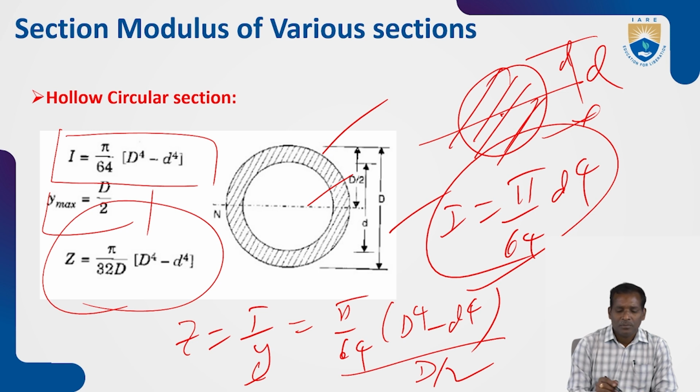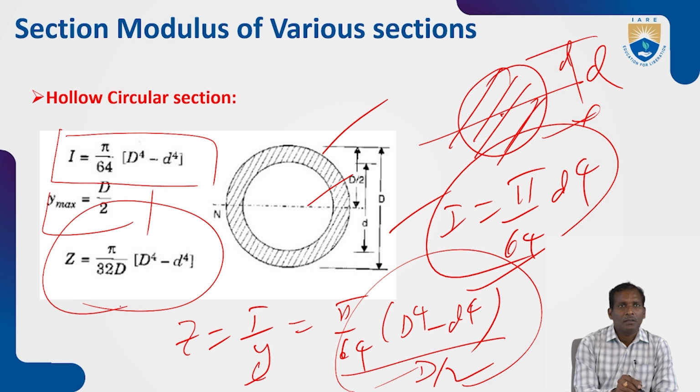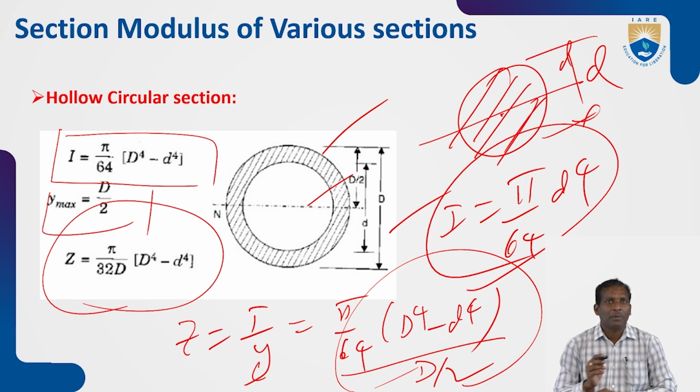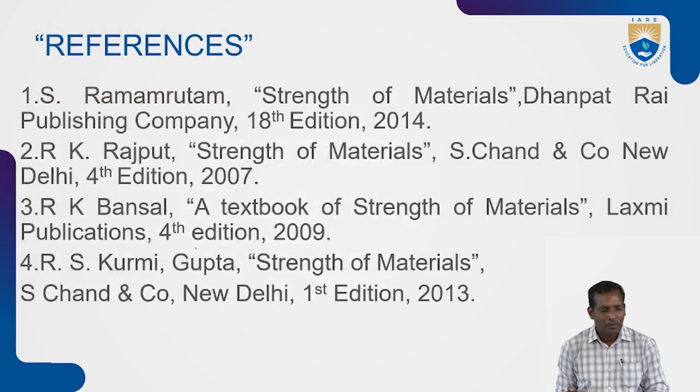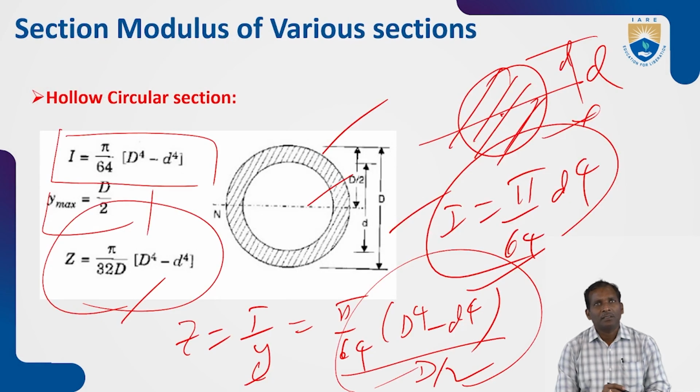Clear? So now write down, simplify, and you will get Z, that is the section modulus, pi by 32D into D to the 4 minus small d to the power of 4. Clear? So like this, that is how to write the section modulus and moment of inertia values for various sections.